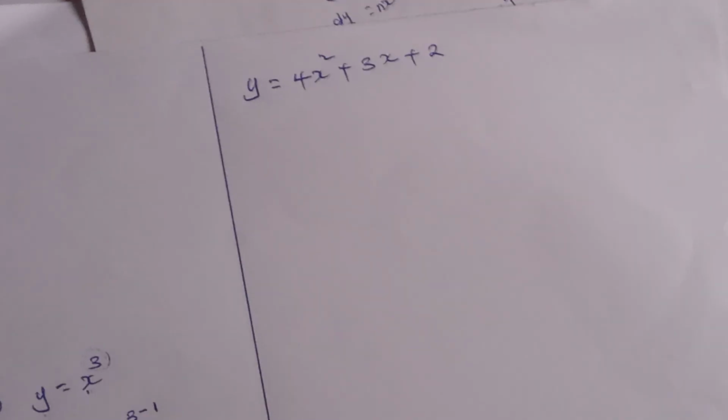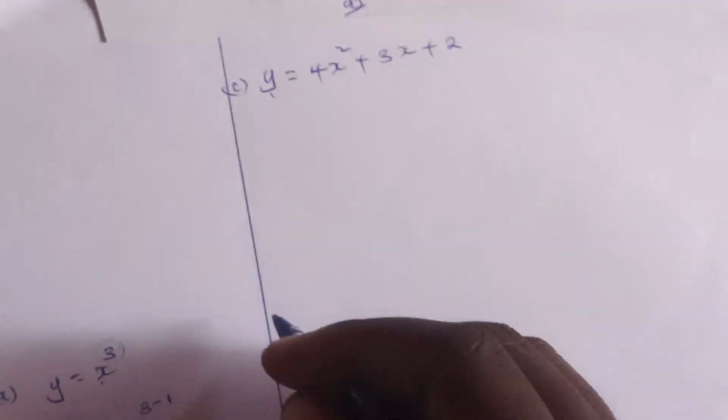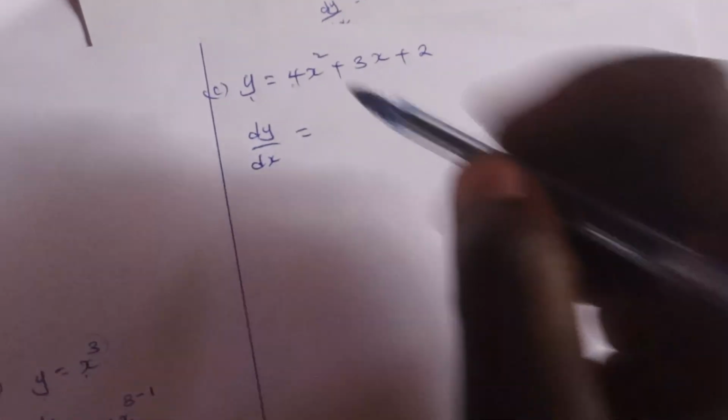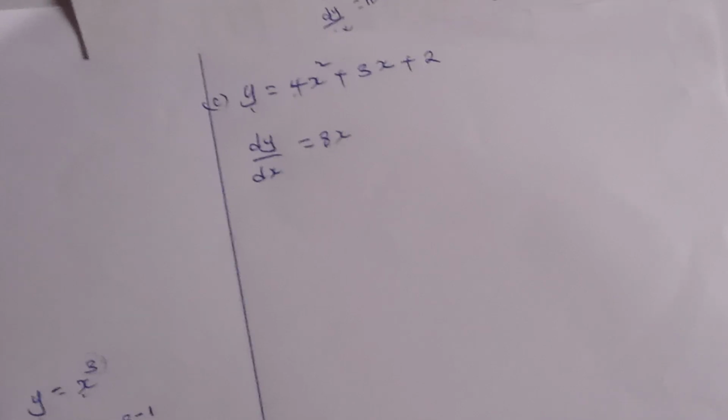If you have y equals 4x squared plus 3x plus 2, and I differentiate y with respect to x, I will have dy/dx equals: I take the power and multiply by the coefficient, so this will be 8x, then 2 minus 1 is just 1, so I don't need to write 1 here.